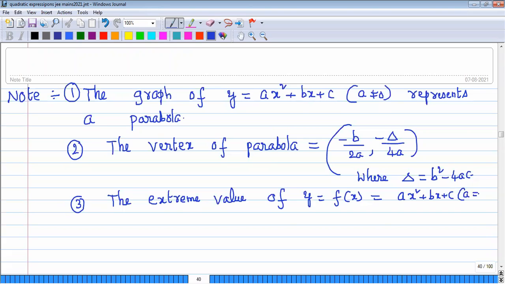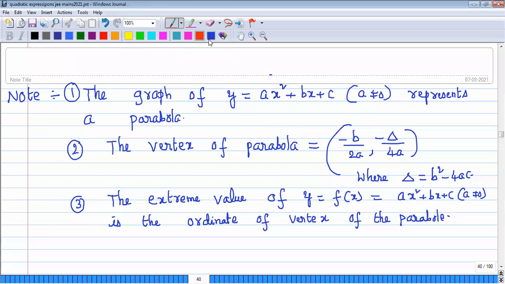a does not equal to 0, is the ordinate of the vertex of the parabola.